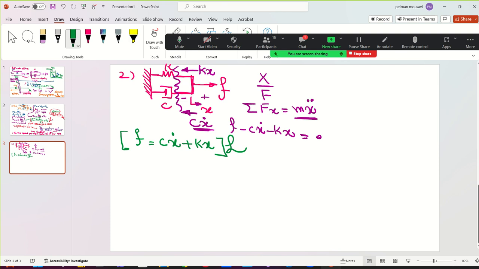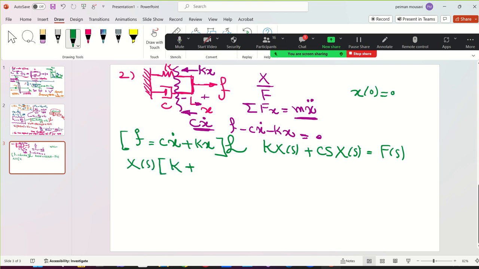Assuming that the x at time 0 is 0, assuming initial condition is 0, so you get Kx of s plus Csx of s is equal to F of s, or x of s equals 1 over k plus cs times F of s.